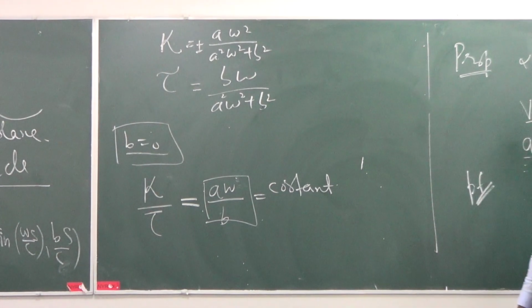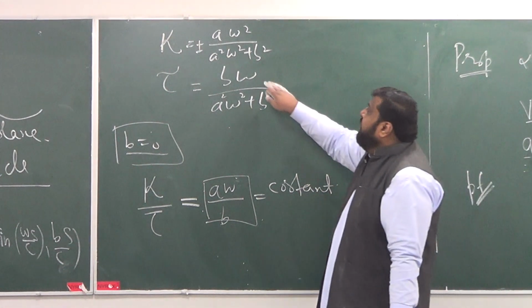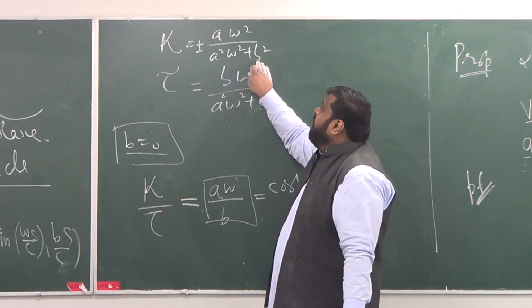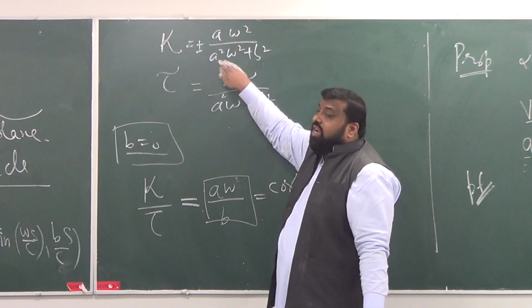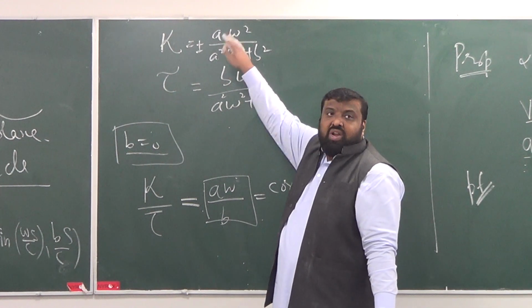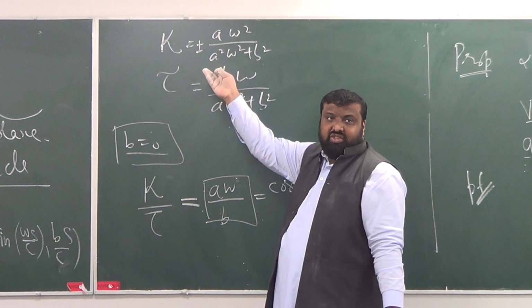For a given circle, the curvature is constant. It also follows from this that if you take b equal to 0, then omega squared and omega squared will cancel out, and you're going to get 1 over a. And 1 over a is the radius of the circle.